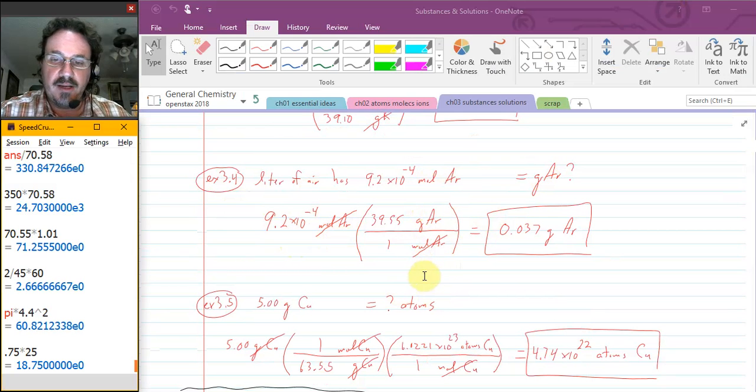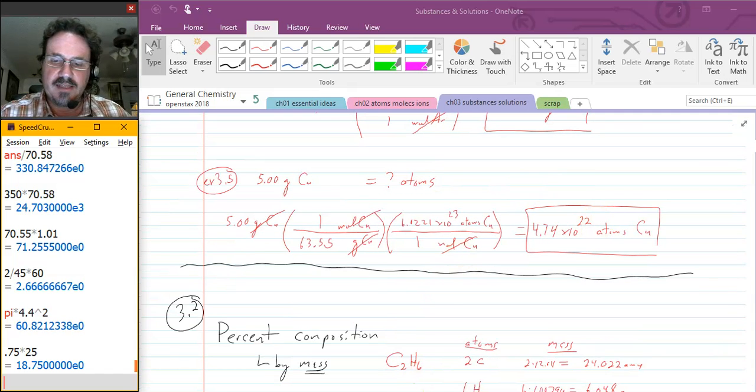Notice I'm writing not just moles, but moles of argon, and grams of argon. Always write both the unit and what it is you're talking about, so you don't get mixed up, and that's going to be really important later on in a chapter or two. The numbers: 39.95 grams of argon in 1 mole. Multiply, divide by 1: 0.037 grams. So if I weighed out that argon in 1 liter of air, that's how much it would weigh.